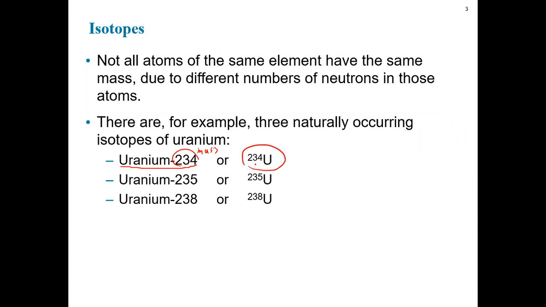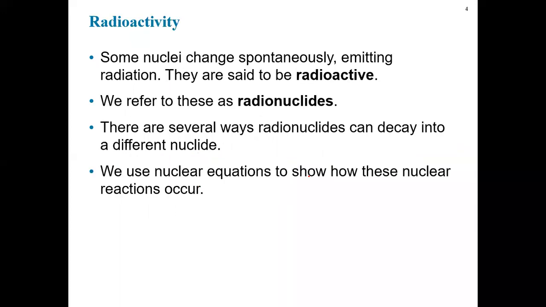In this notation, obviously, we are missing a number here, but that number can be obtained from the table, so usually you can omit the atomic number. Or you can simply write U234. So 234 is the mass number. Mass number equals proton number plus neutron number. What differs between these 3 isotopes is the number of neutrons in their nucleus.